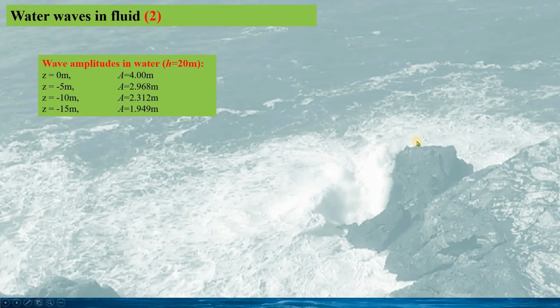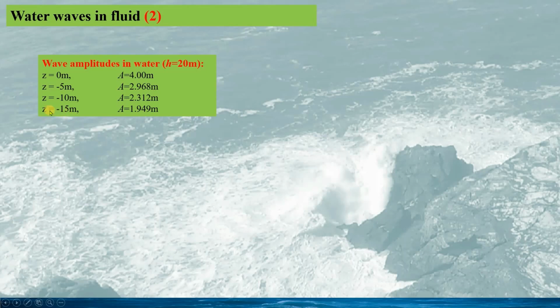In detail, we can calculate the wave amplitude for different z given here. So we have different z. The corresponding wave amplitude would be 4.0 on the water surface, and at z equals -5, the amplitude would be slightly smaller than 3 meters.